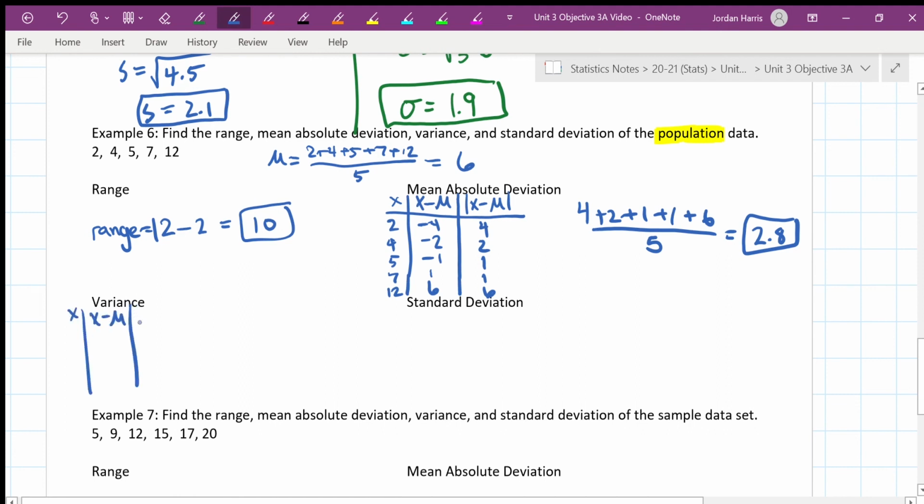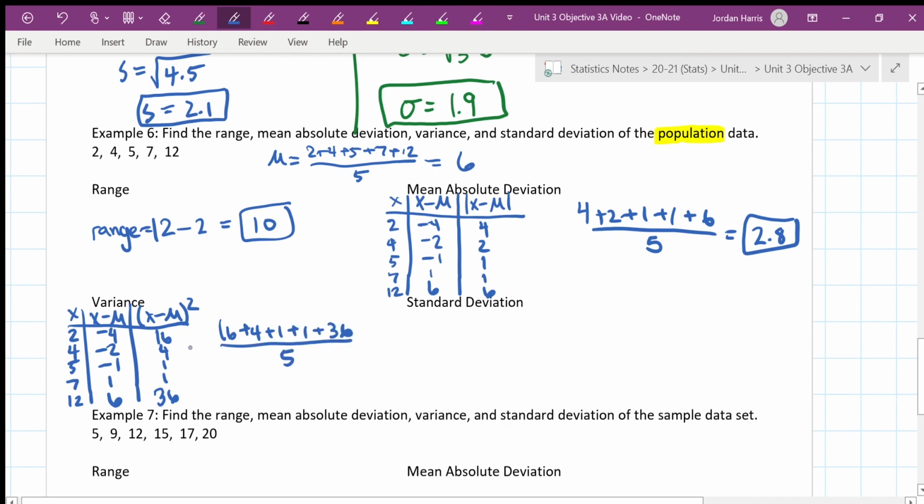Variance is very similar, but now instead of absolute value, we are squaring those values. So 2, 4, 5, 7, 12. Subtract the mean and make sure they add up to 0. They do. Now square each one. For my variance, I add them up. Remember, you have to be careful here: which variance are we looking at?